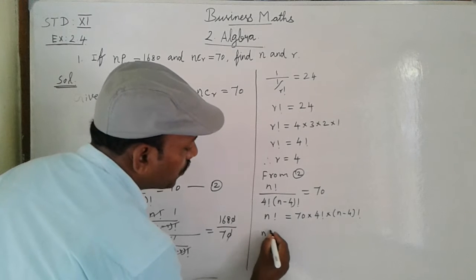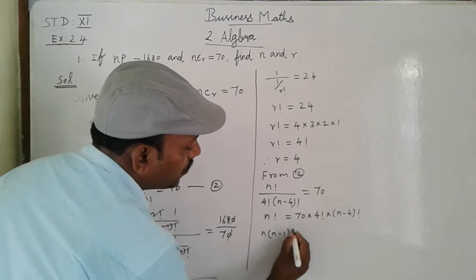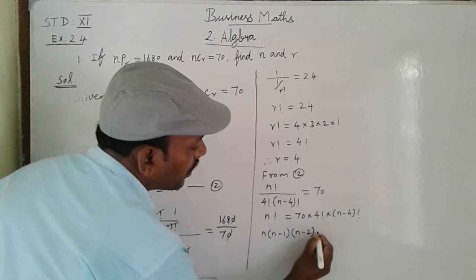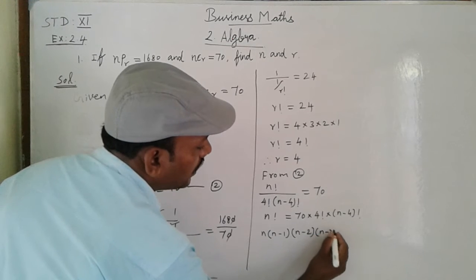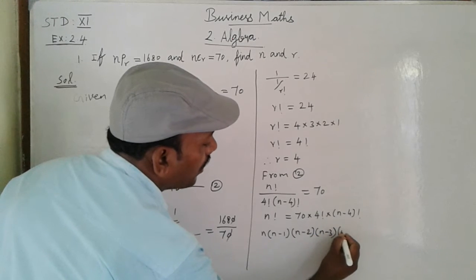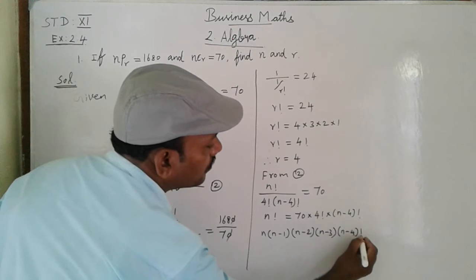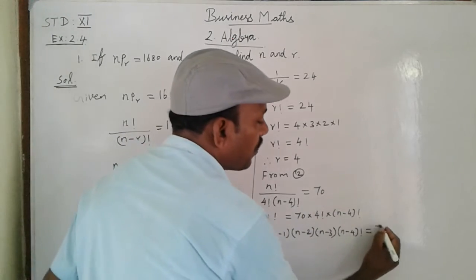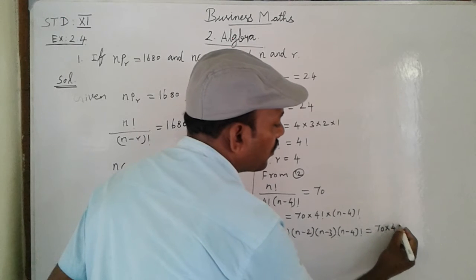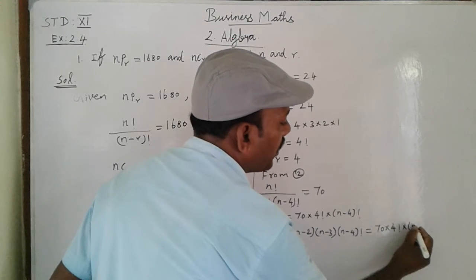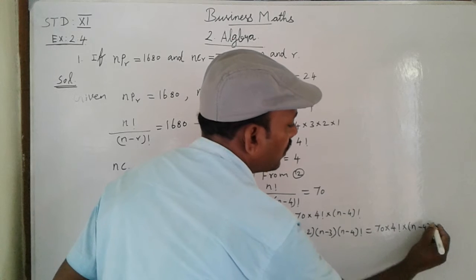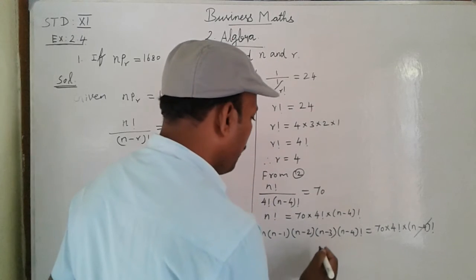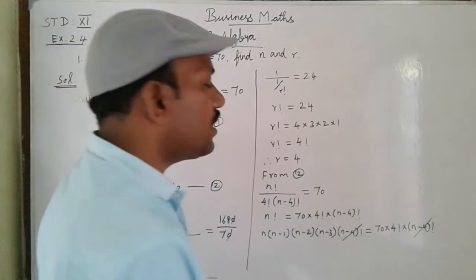So n into (n minus 1) into (n minus 2) into (n minus 3) into (n minus 4) factorial equal to, this is the same, we should write 70 into 4 factorial into (n minus 4) factorial. So (n minus 4) factorial cancels.